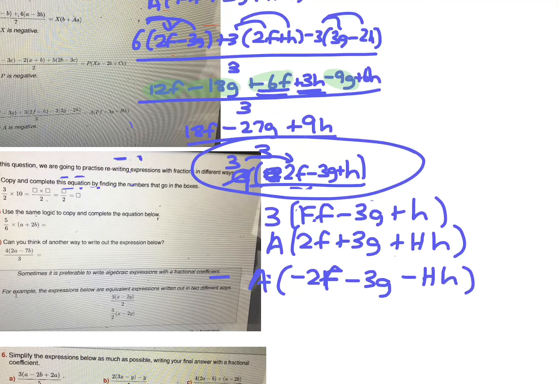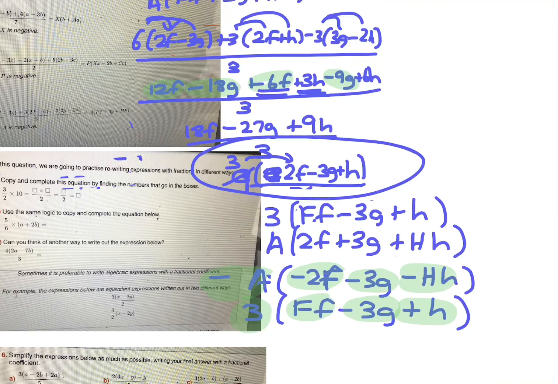And then when you're comparing it to the thing that you want, which is 3FF minus 3G plus H, then the things will match up. So you can see the minus 3 goes with the minus A, FF with the minus 2F, minus 3G with minus 3G, that matches, and H with H.